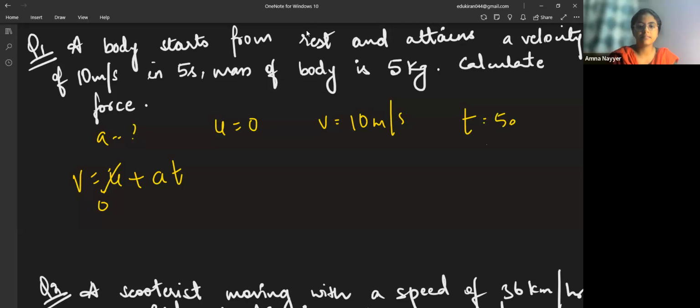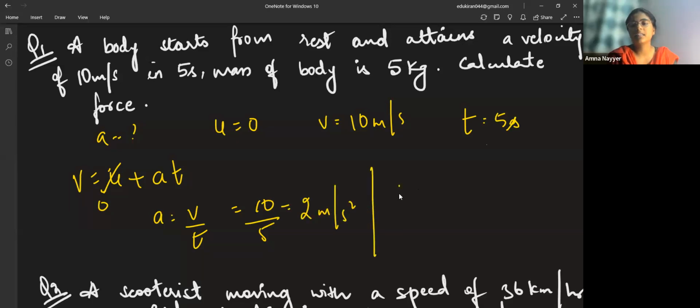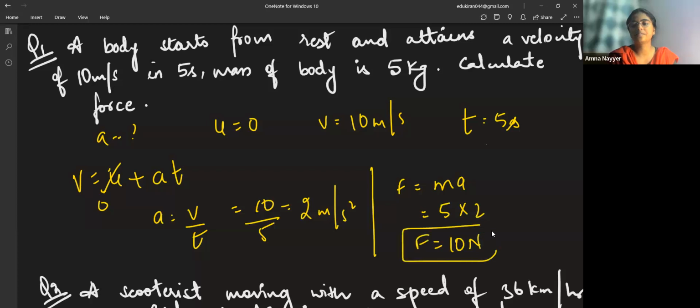So acceleration will be velocity divided by time, that is 10 by 5, that is 2 meter per second square. Now your force will be mass into acceleration. Mass is 5, acceleration is 2. 10 Newton is the force. Good. Note it down.